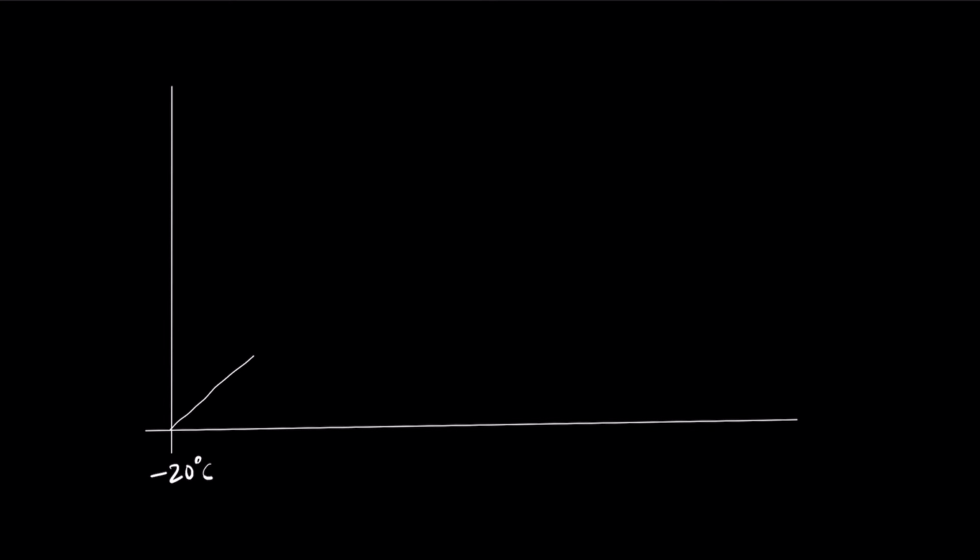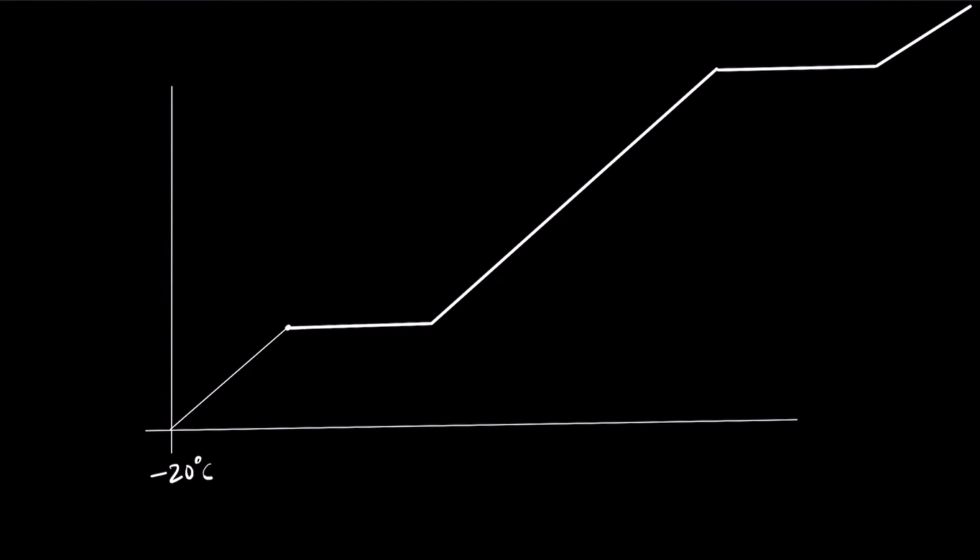The water increases its temperature, and at a certain point it flatlines, and then again at a certain point it increases its temperature until a certain temperature, and after that point it again reaches a constant phase, and finally starts going upward. Now let's look at these temperatures and what they are.